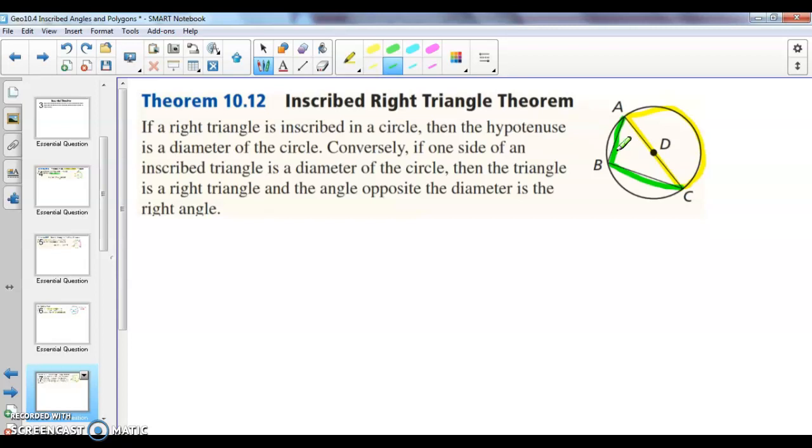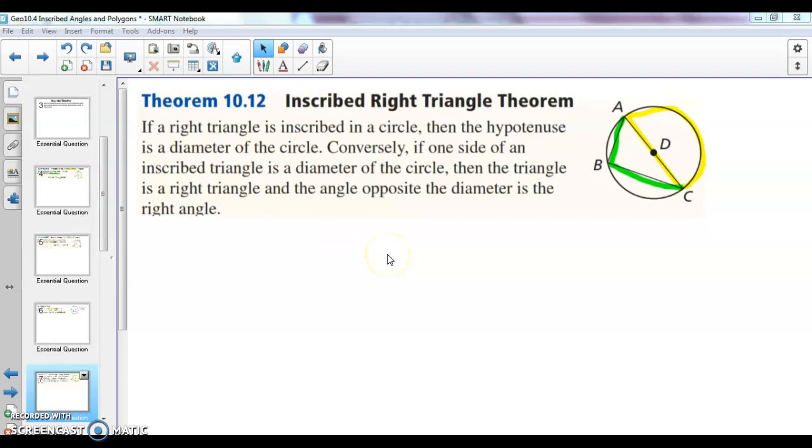So if angle B is a 90-degree angle, that makes triangle ABC a right triangle. The converse is also true. If one side of an inscribed triangle is the diameter of the circle, then the triangle is a right triangle, and the angle opposite the diameter is a right angle.